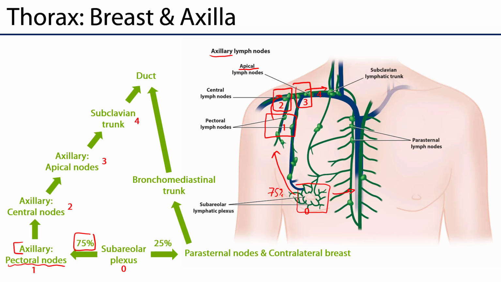About 25% of the lymph is going to flow medially, at least at first, and it can either be picked up by peristernal nodes and travel along the bronchomediastinal trunk, or it can also travel to the contralateral breast. So 3/4 to the axillary group, 1/4 to the peristernal nodes, as well as the contralateral breast.